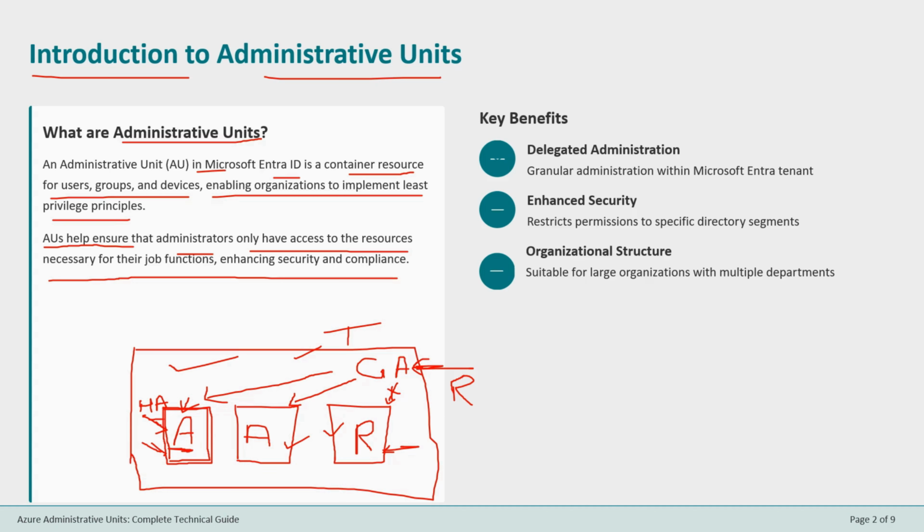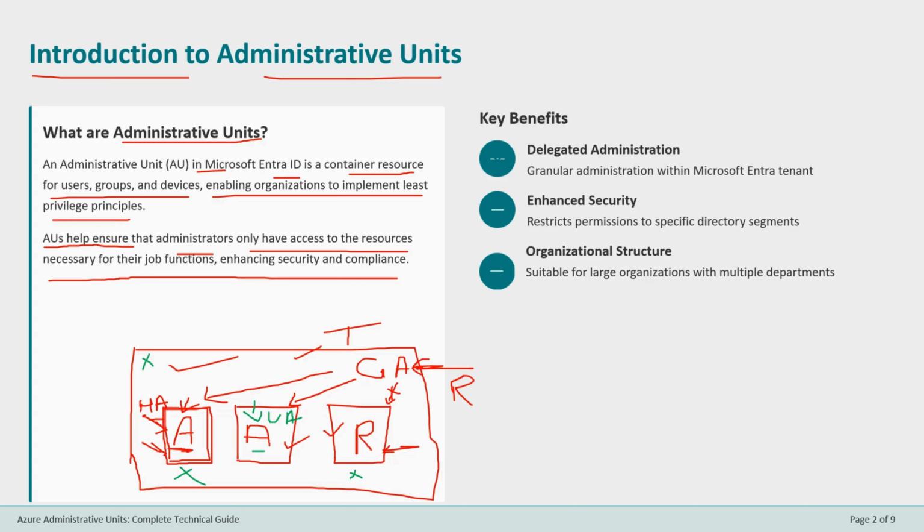For another administrative unit, for example this one, I have given the user administrator role. This user administrator can only manage or access the users under this administrative unit. He can't access this one, nor this one, nor the entire tenant. So this is the benefit of administrative units. Basically, if you are using an administrative unit, you can manage with the help of a container.